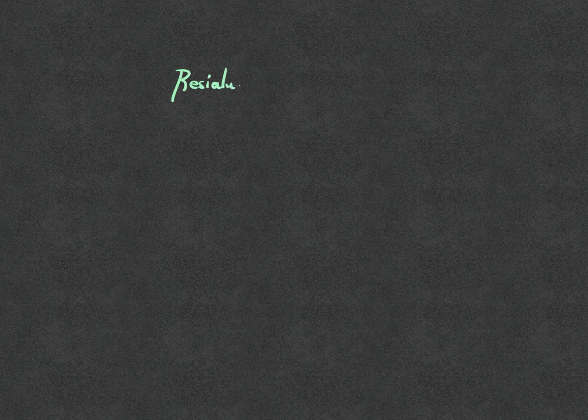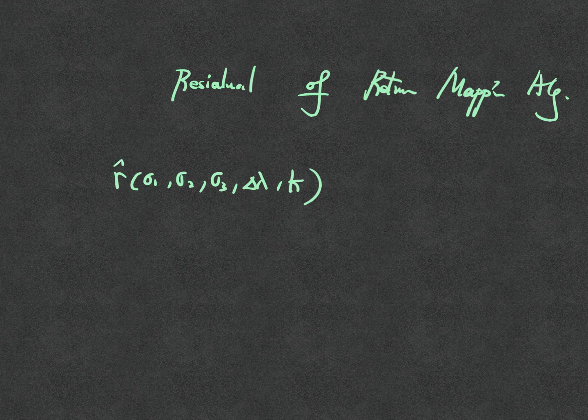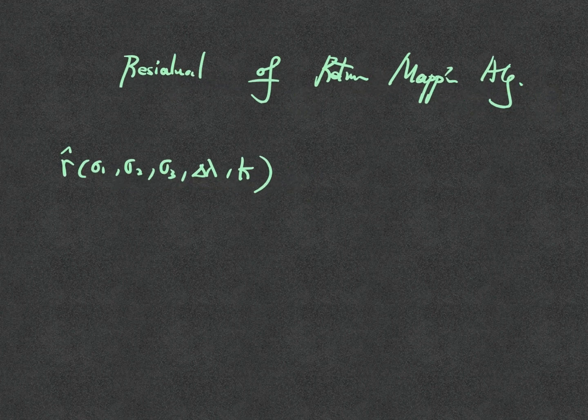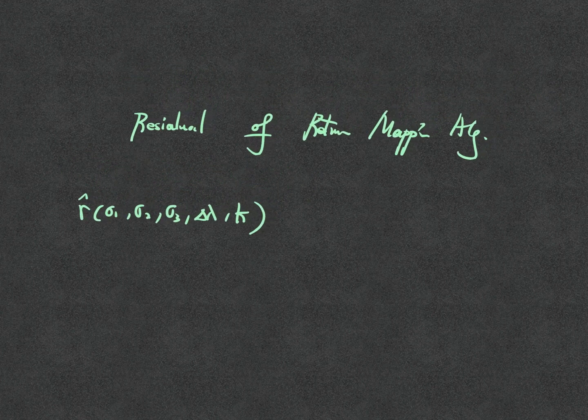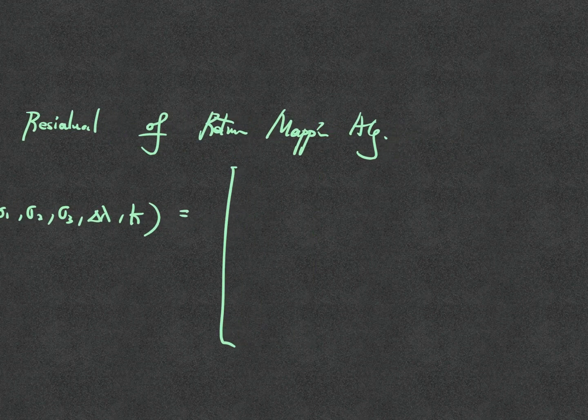It will be the residual of the return mapping, everything. It would be a vector that is a function of sigma 1, sigma 2, sigma 3, delta lambda, and a k. And if I write it out, I would actually have the form that looks like this.